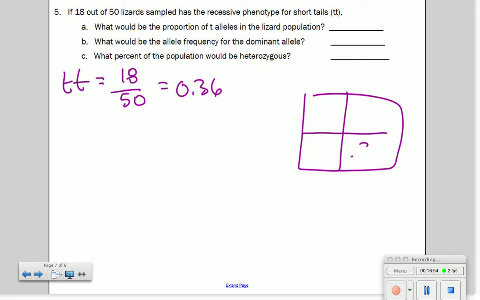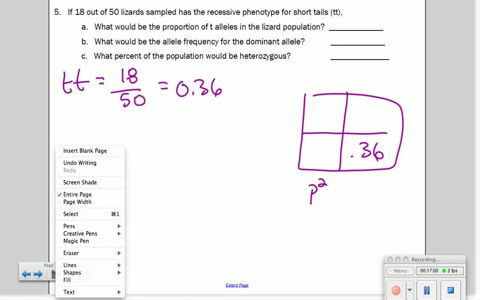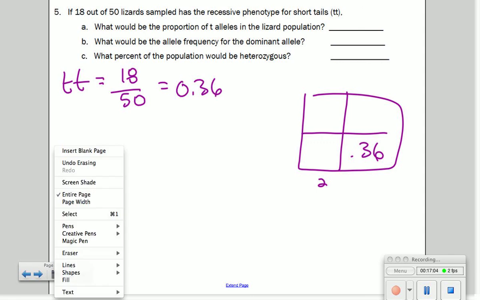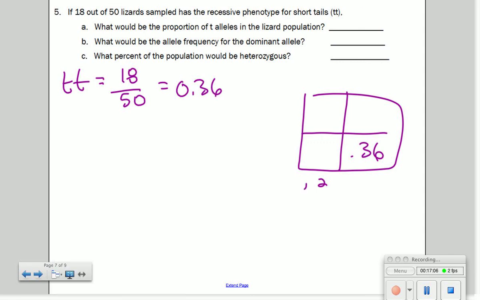This is 0.36. So if I take, whoops, not P, I want this to be Q. My bad. Take the square root. Q is 0.6, which is my little t.